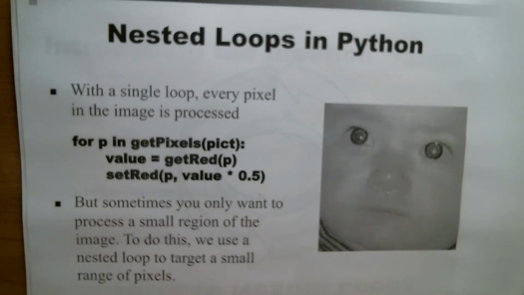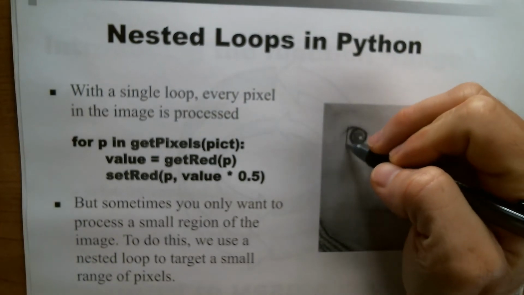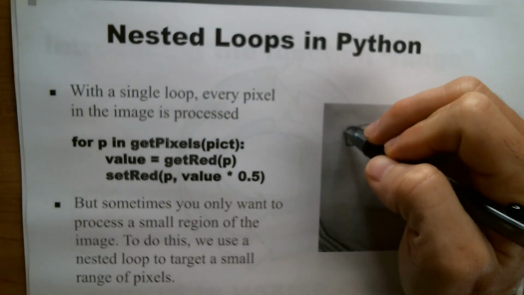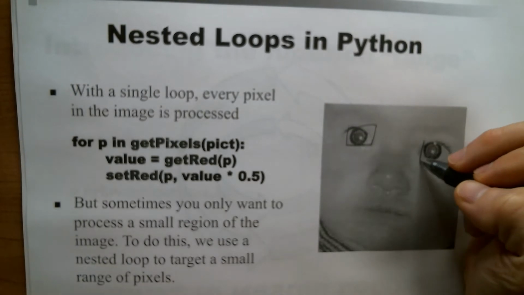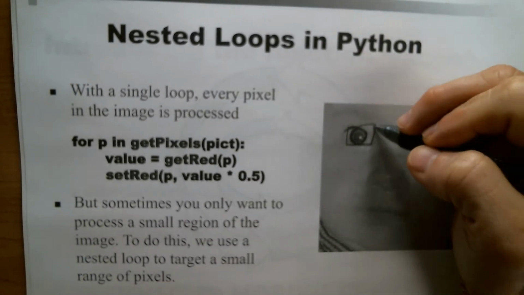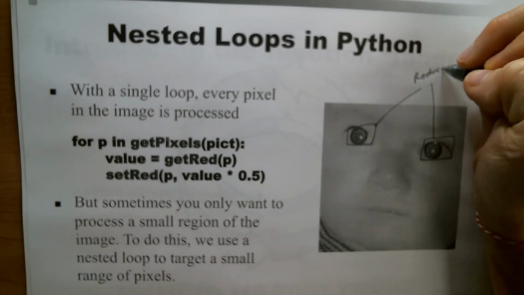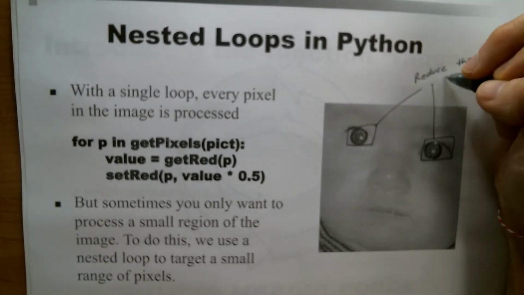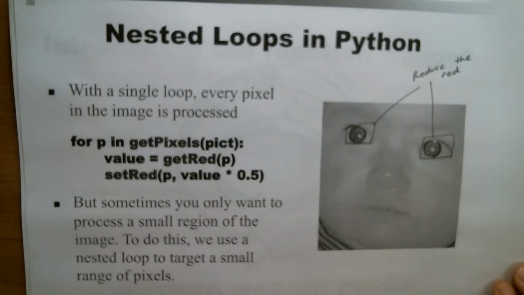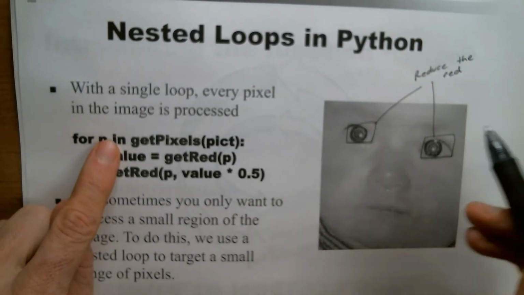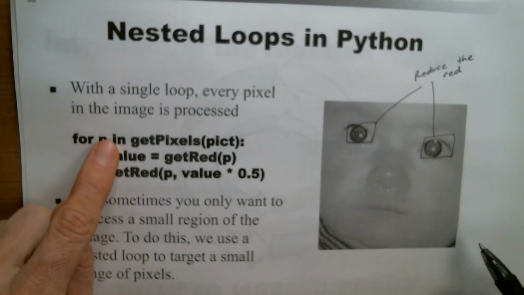But we might not want to reduce it in every single pixel. We might want to target a small section of it. So maybe we only want to reduce the red in this section and this section. So this is where we want to reduce the red. Again, this loop's not going to do it because that loop's going to go through every single pixel.